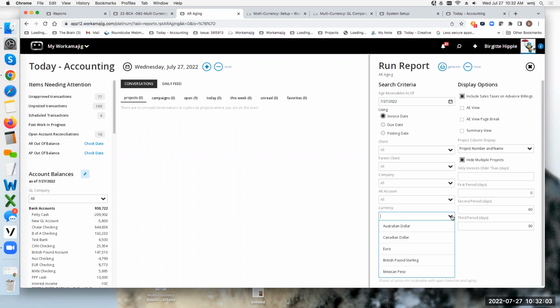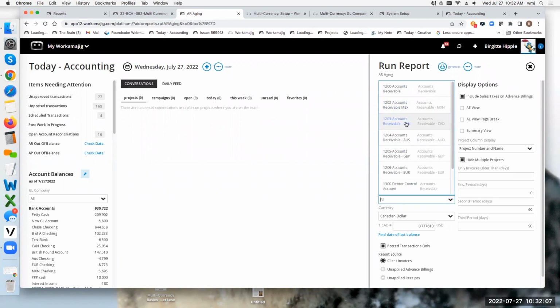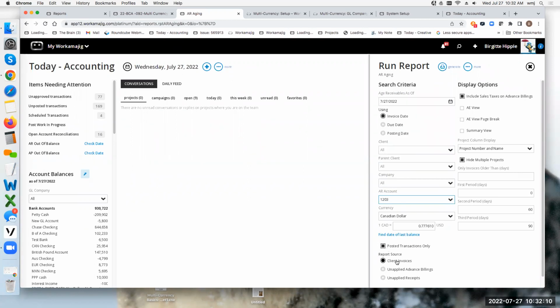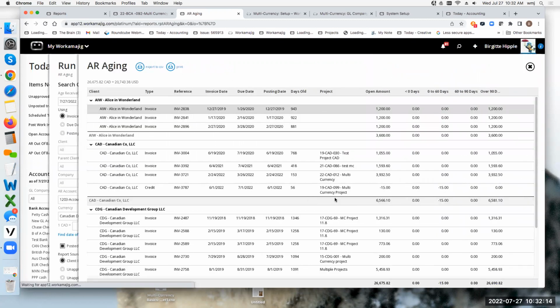So if I were to run this and say, show me all my Canadian dollar invoices that are still open, that is actually going to show these in Canadian dollars. However, I can see the value if everybody paid their client invoices today, based on today's date, with today's currency rate, this is how much I would get.